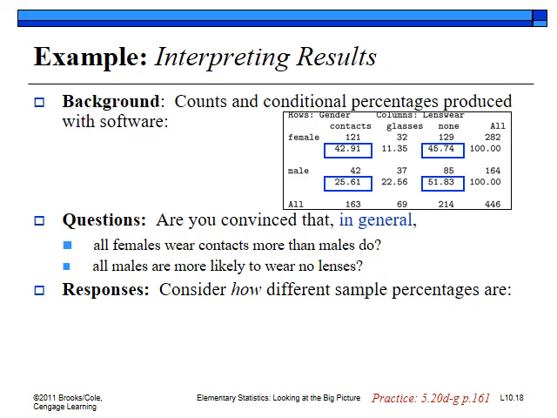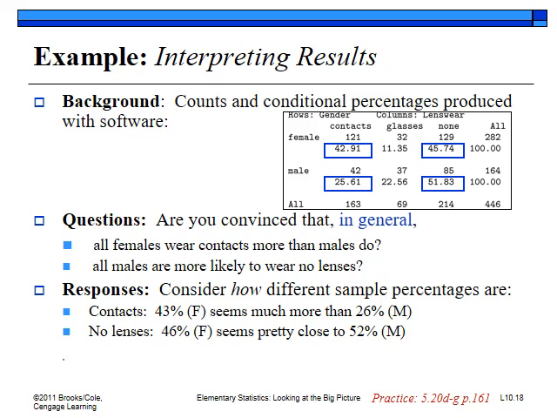To talk about how convinced we are, we should look at how different these percentages really are. For contacts, the 43% for women seems much higher than the 26% for men, whereas the difference in the percentages for no lenses, 46 to 52, seems pretty close.